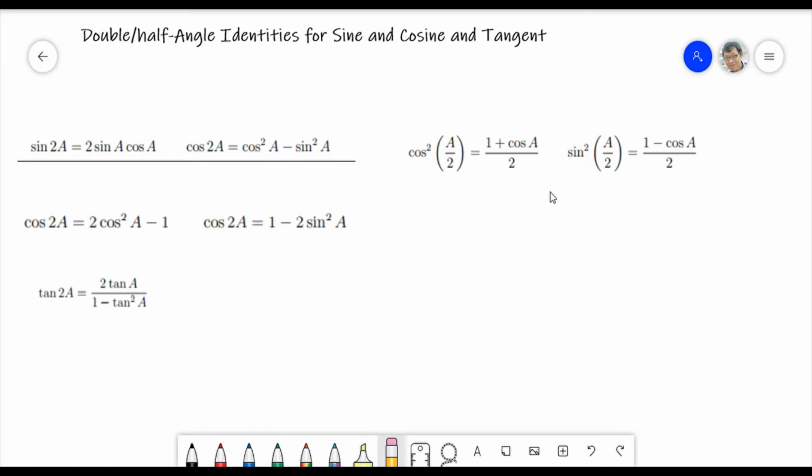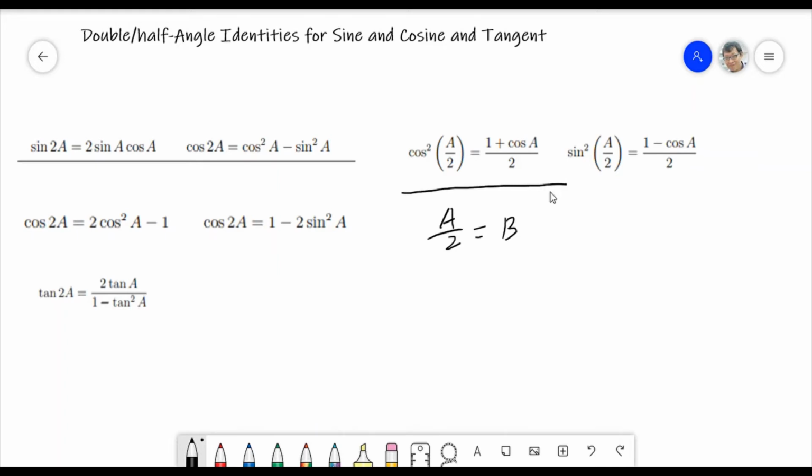So for this one, I will prove to you the first one. Let's think, just to make it easy, okay, let a over 2 equal b.